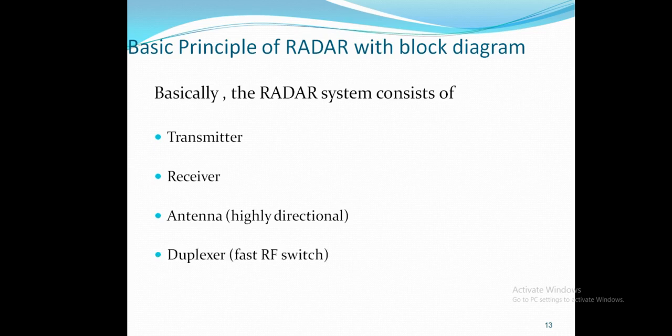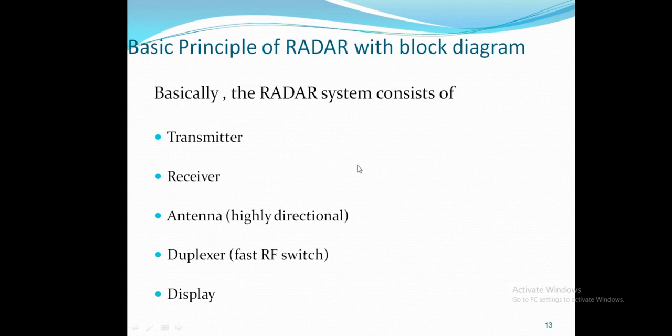Okay, next coming to the basic principle of radar with the block diagram. Radar means radio detection and ranging. It is an electromagnetic system used for the detection of location, range, direction and velocity of distant objects.